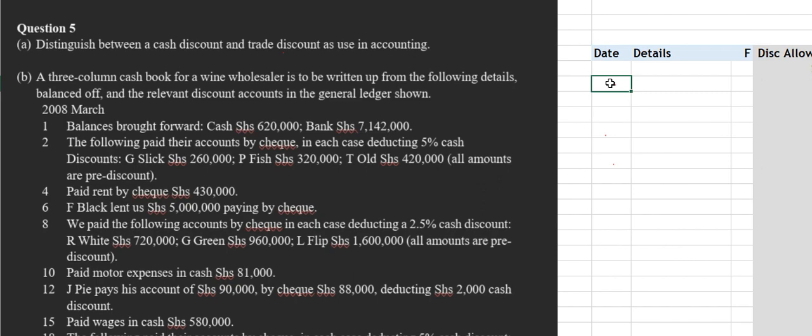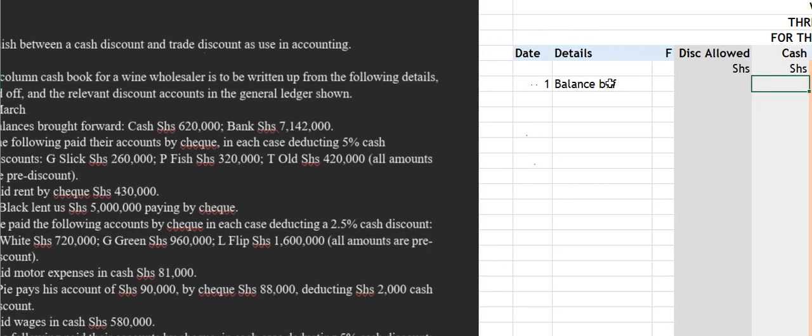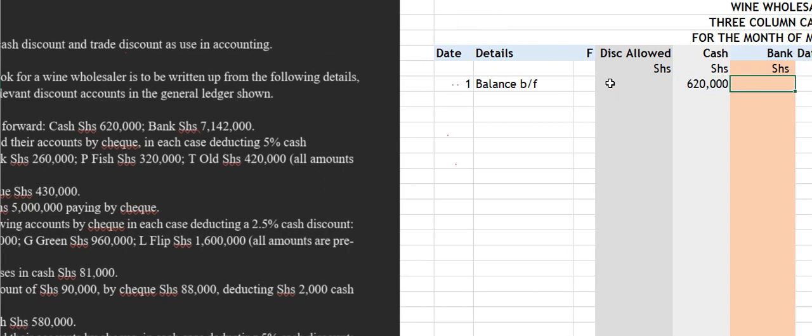So I write first, details, that is balance brought forward. Cash is 620,000. Then bank is 7,142,000. So that is your opening balance for cash and bank.